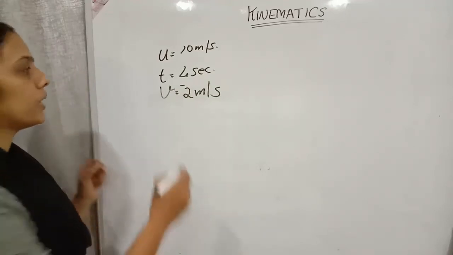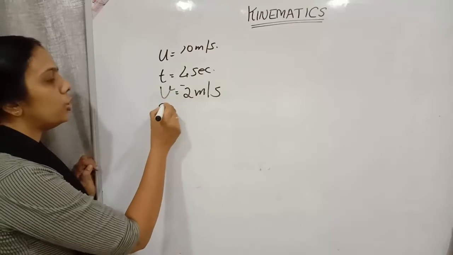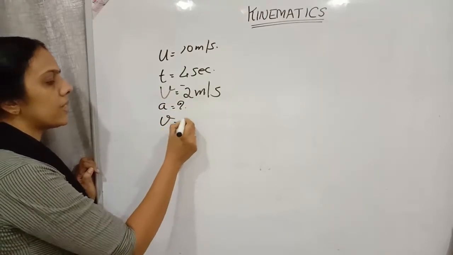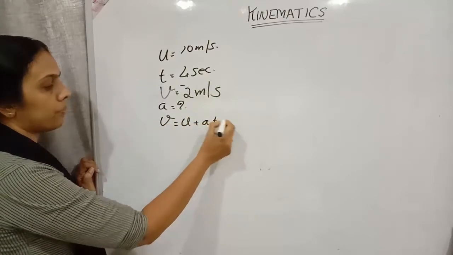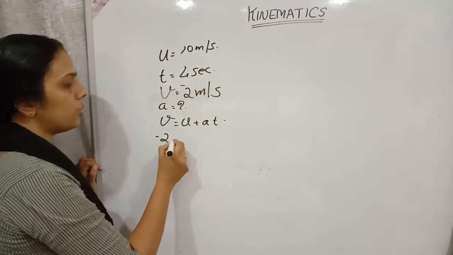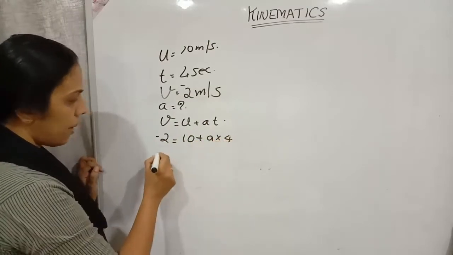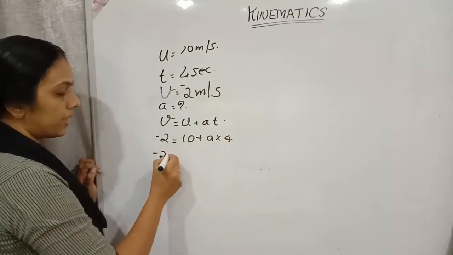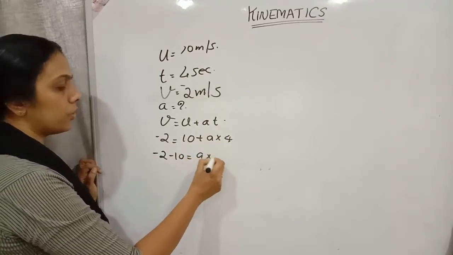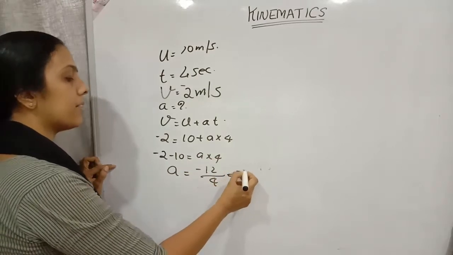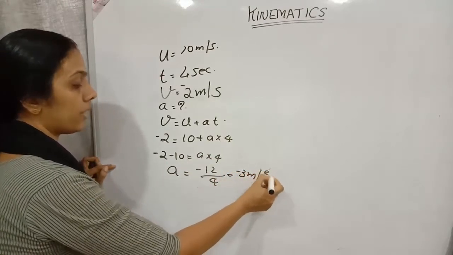V, u and t are given, so we can find acceleration from v equals u plus at. V is minus 2, u is 10, a into 4. Therefore, minus 2 minus 10 equals a into 4, so a equals minus 12 divided by 4, which is minus 3 meter per second squared.